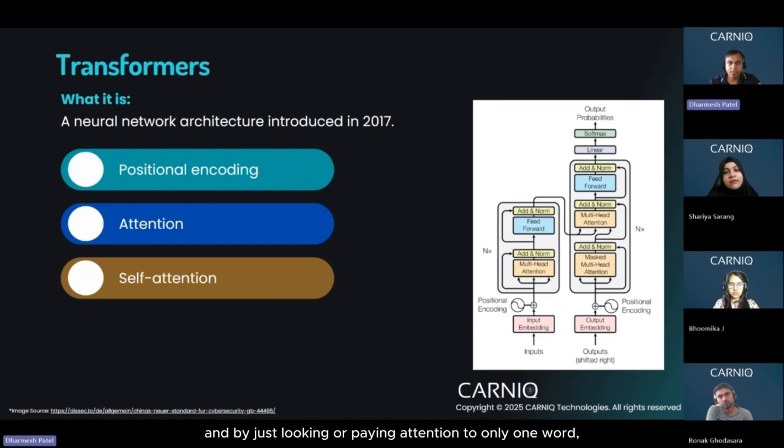Just looking at or paying attention to only one word, server, will not give you the full picture or the meaning. But if you also pay attention to one more word, for example in the first sentence "server, check", then you might know that I'm talking about the human server, and not the one which is for email, or in this case IT.